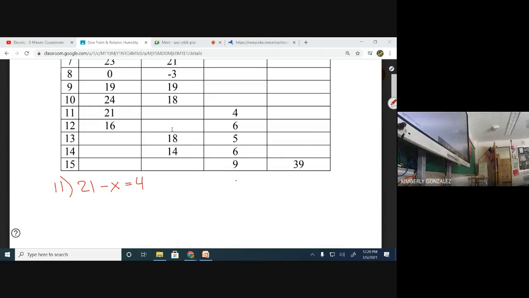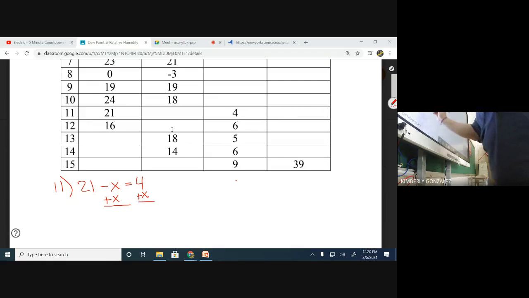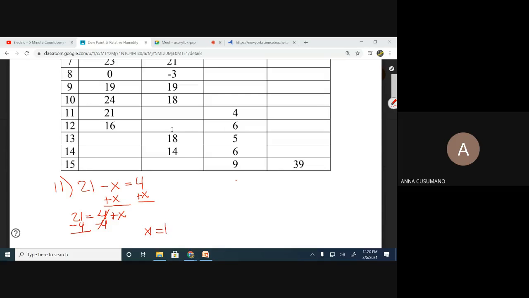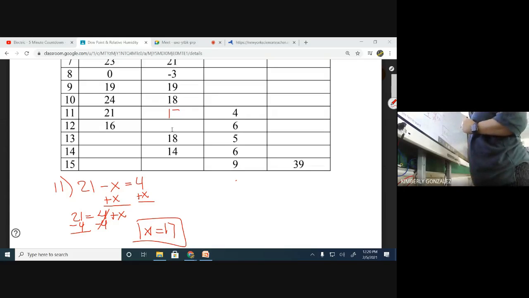Simple algebraic question. Add x to both sides, so you get 21 equals 4 plus x. Subtract 4 from both sides, and x is equal to 21 minus 4, which is 17.